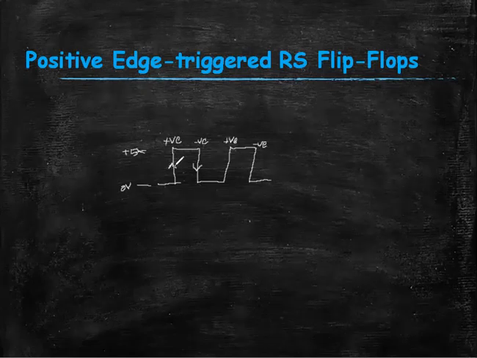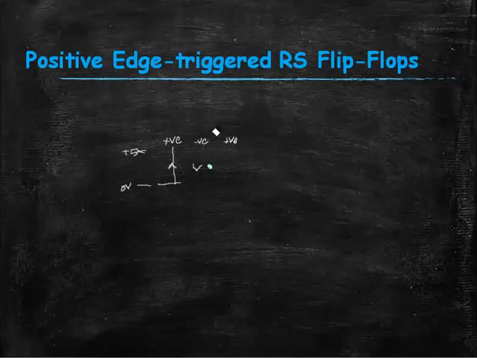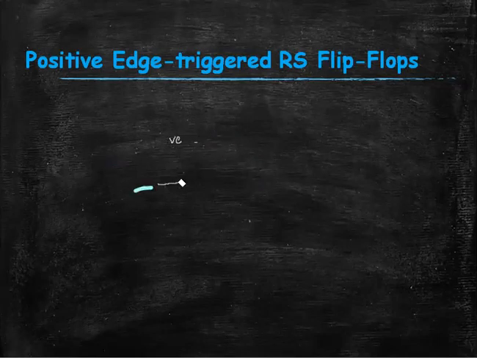Then for a clock pulse, there must be two edges, that is positive edge or negative edge. So we can design a circuit to trigger at any of these edges.